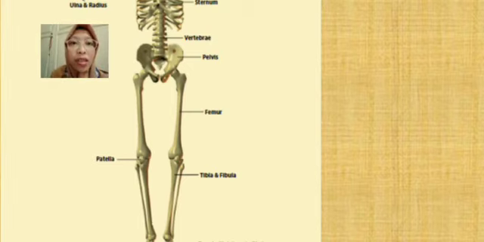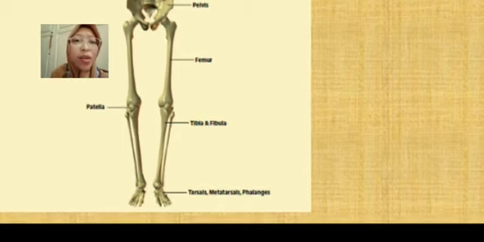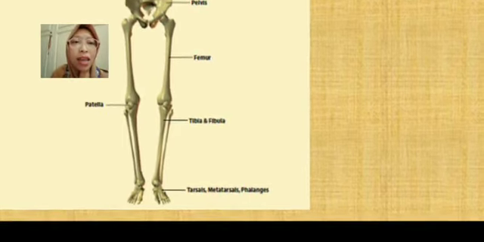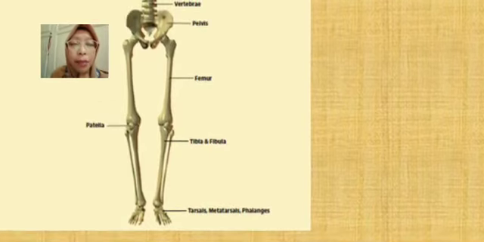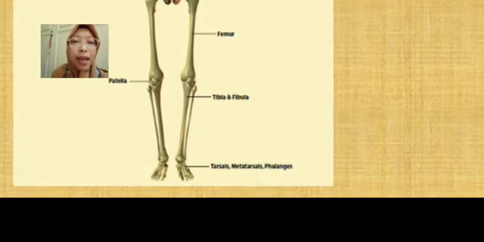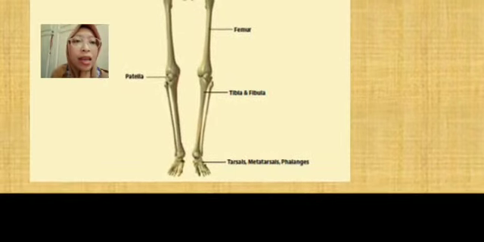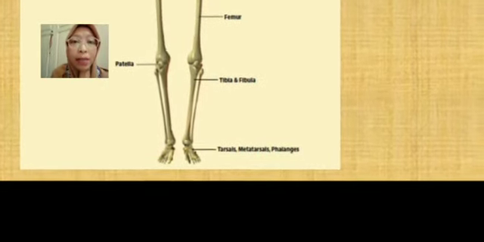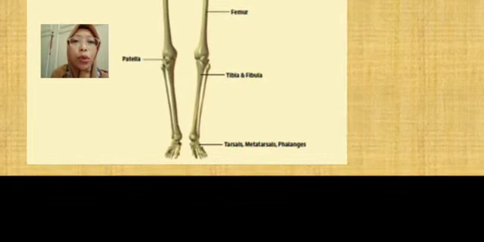Then Ustazah moves to the femur. I think you already know femur, it means the paha, tulang paha. And then patella, this is the kneecap, or cup of the knee, ya, atau tempurung lutut.